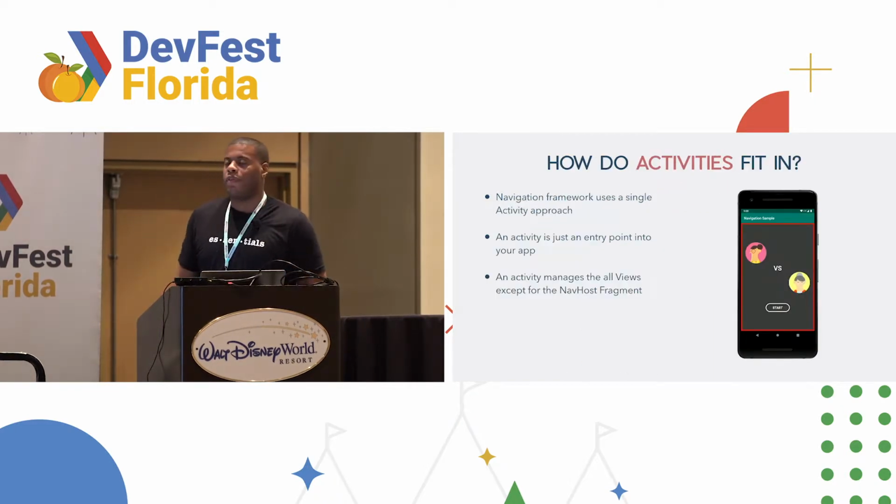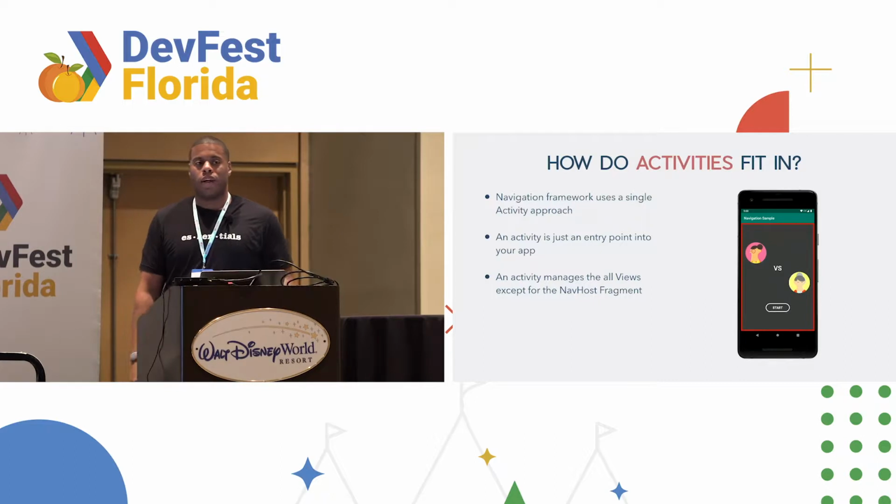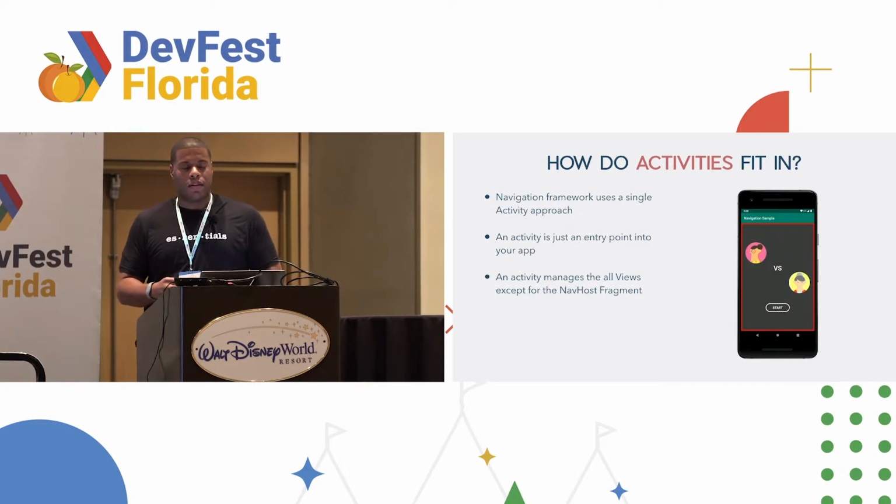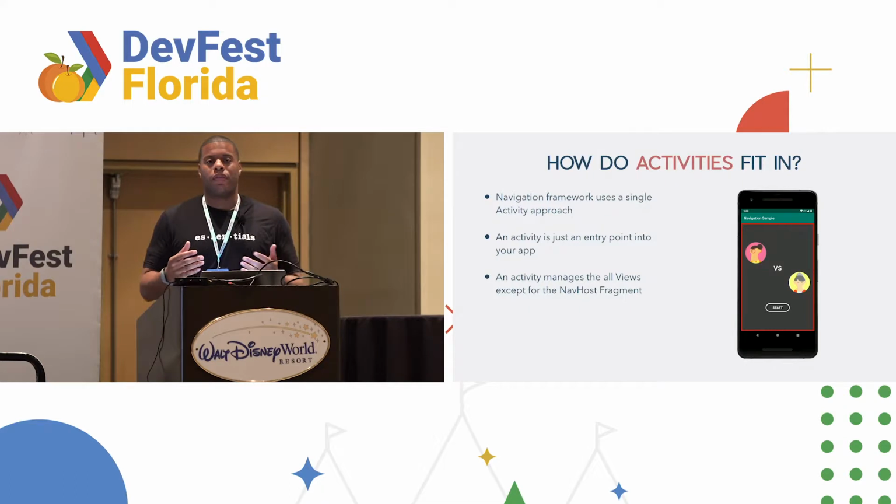So let's take a step back for a second. Up until this point, we've only talked about a single activity. So how does this actually fit going forward? Up until this point, Google has kind of recommended us to have multiple activities, multiple fragments, multiple views in an app.